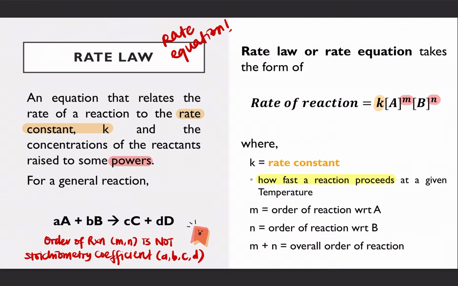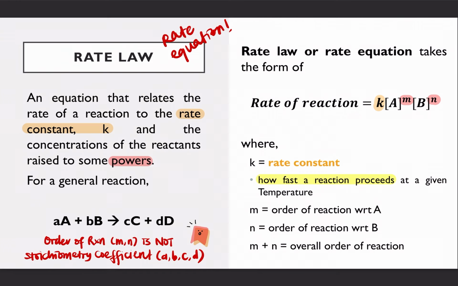Okay, so m is the order of reaction with respect to your substance A, and concentration of B to the power of n. So n is the order of reaction with respect to substance B. Okay, so K is your rate constant, and to find the overall order of reaction, you will just add m with n. Okay, so let's say kalau m equals to 1 and n equals to 2, then the overall order of your reaction will be 1 plus 2.